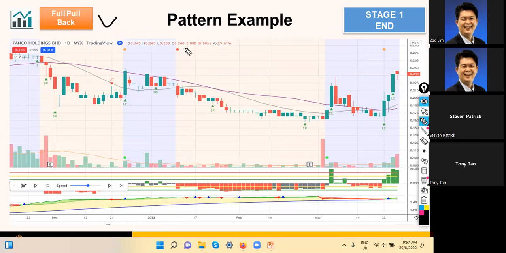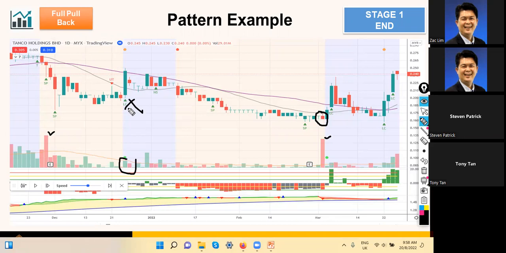So for a full pullback, the signal is when you have a very low volume accumulation certainly coming up, okay, and you need to pay attention to the high volume when you have a low spread. If you have a long spread but low volume, that is not really a good one, okay.